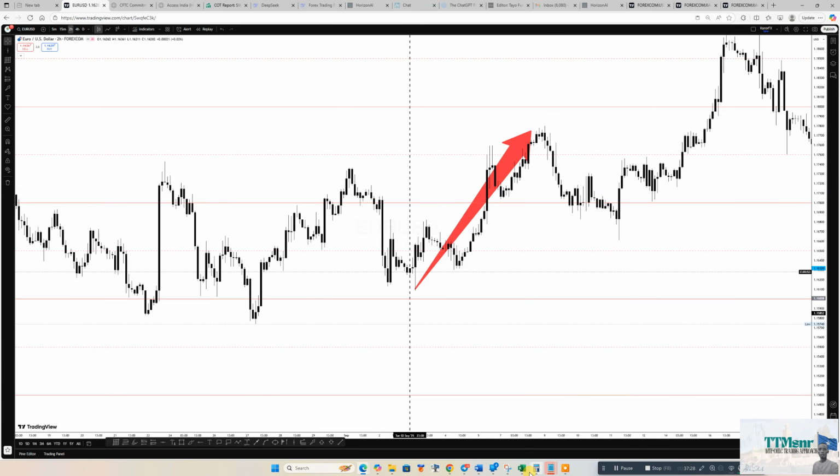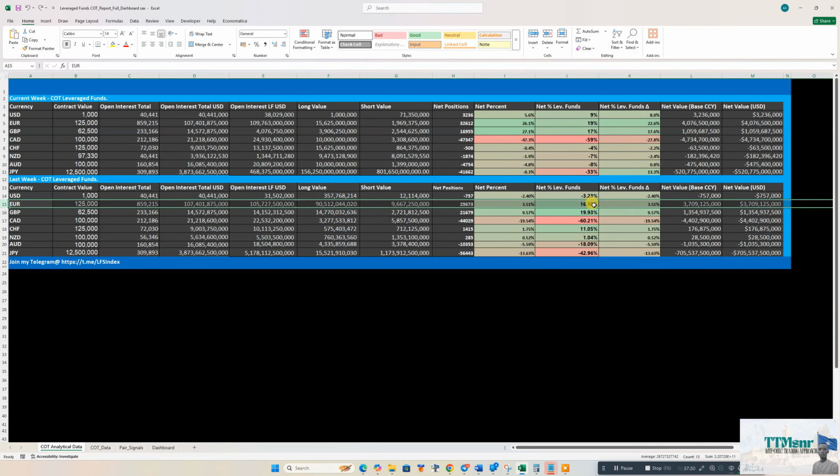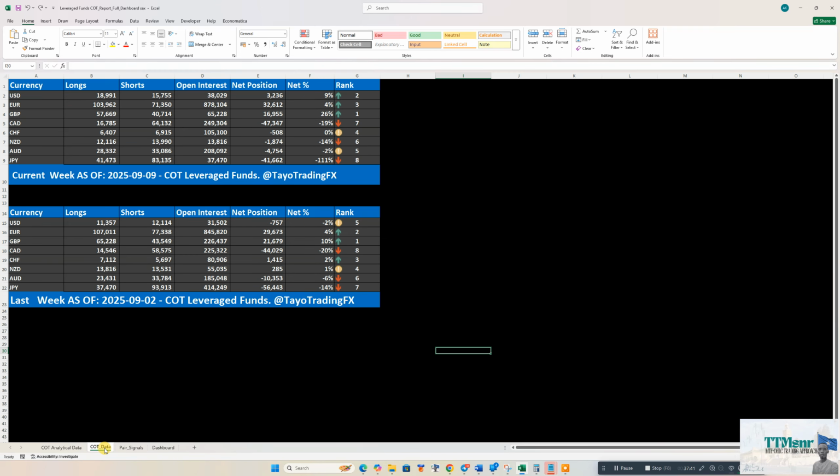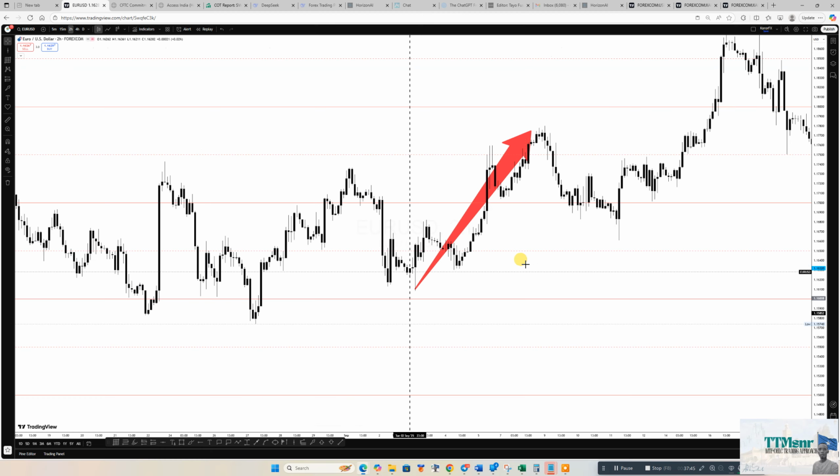That was a positive of euro. So the next week, which was September 9, let us see what happened then. Okay, September 8, and then the market comes lower somewhere here. September 9 was here also.